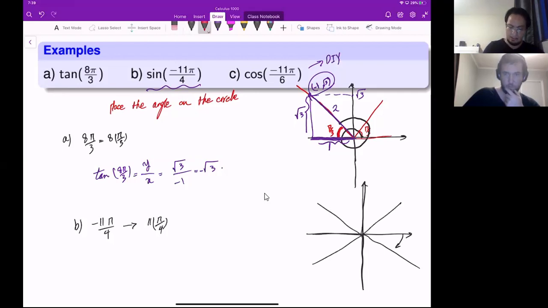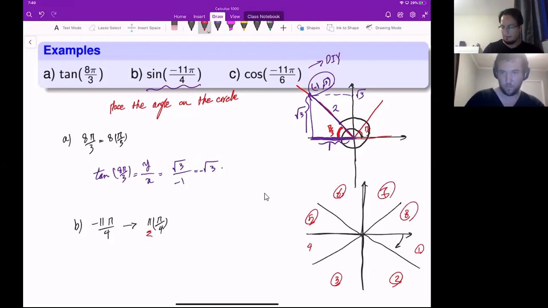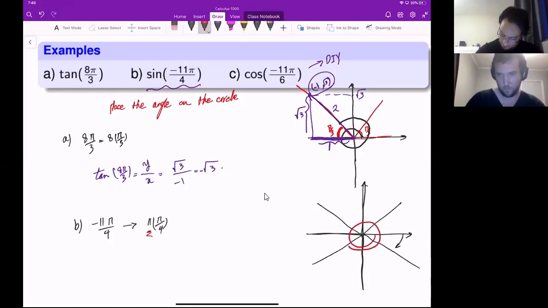So when I start this way, this will be 1, 2, 3, 4, 5, 6, 7, 8. How many of them do we need? 11 of them. 9, 10, and 11. So my angle is, we start here, go clockwise around and come back and go up to that point.